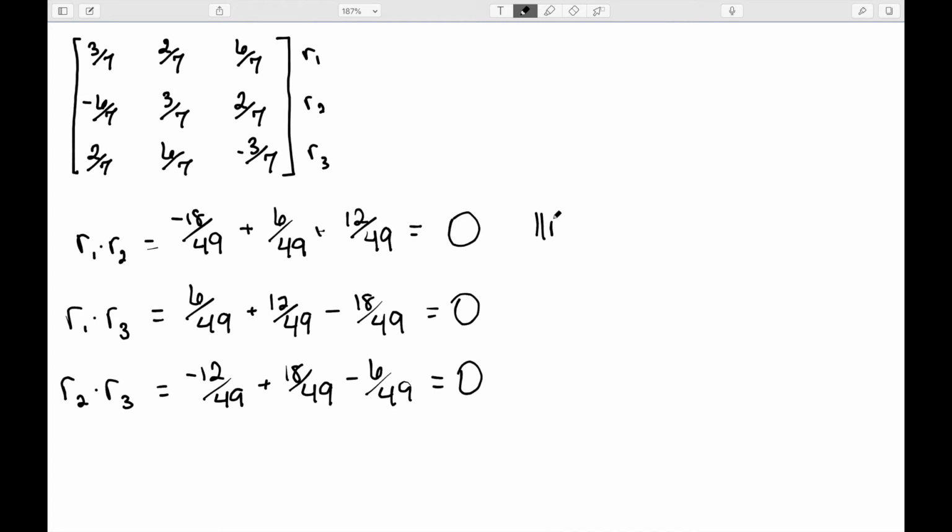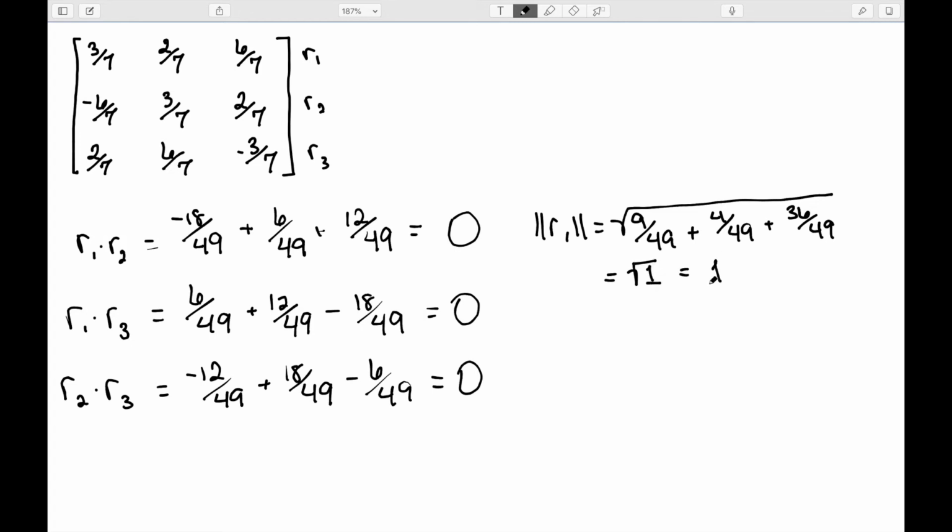If I try to find the norm of R1, I would get the square root of the first entry squared, so 9 over 49, plus squaring the second entry, 4 over 49, plus squaring the third entry, 36 over 49, which would end up being the square root of 49 over 49, or the square root of 1, which is 1.